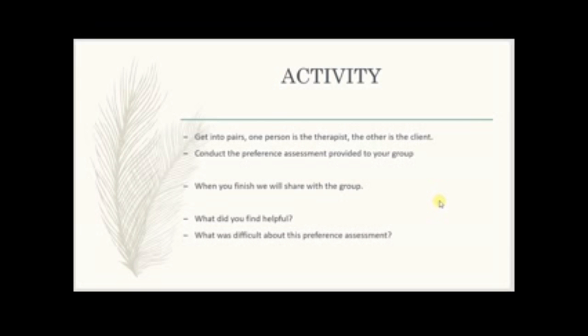And what it has is a section for you to list the items that you're going to be using for your assessment, and then it has a date, and then it has the time for duration, and that's for how long. So keep this as a tool also, so that when you are conducting these preference assessments in your session, you can have this piece of paper and it's really simple.